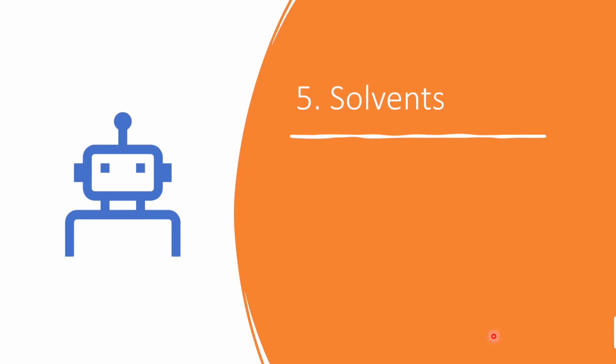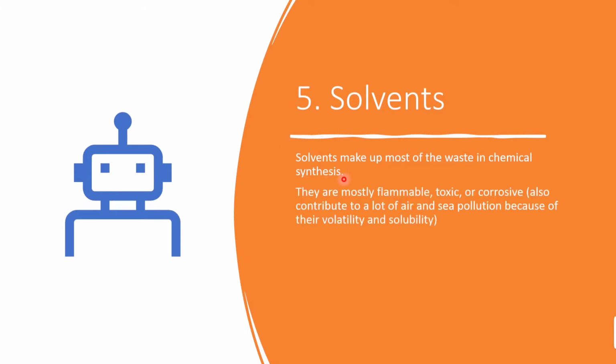Our fifth principle is our solvents. Our solvents make up most of the chemical waste in chemical synthesis. Waste production is very bad because we have to dispose of this waste, and solvents make up most of this. Our solvents are mostly flammable, toxic, or corrosive, so they're very harmful to the environment.